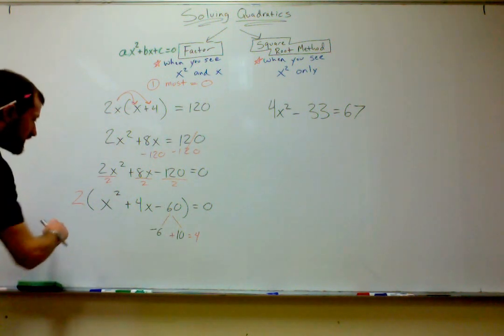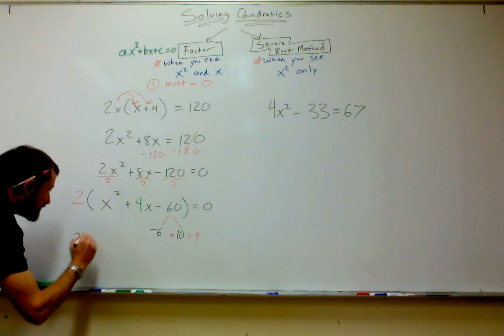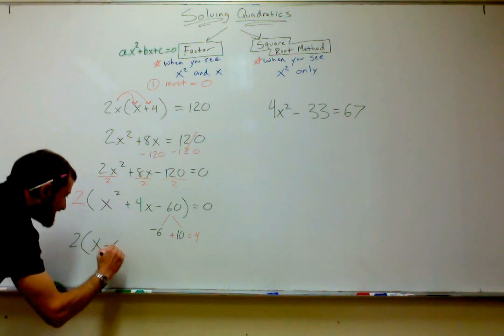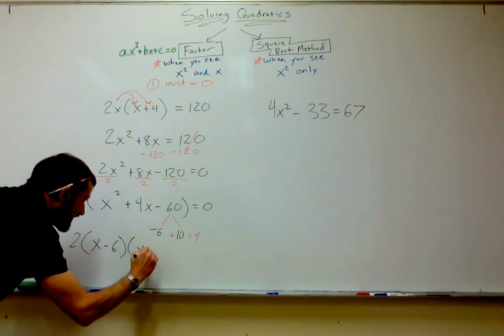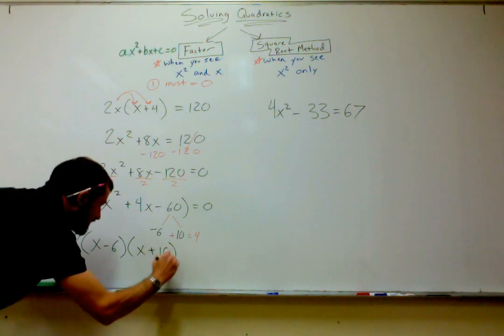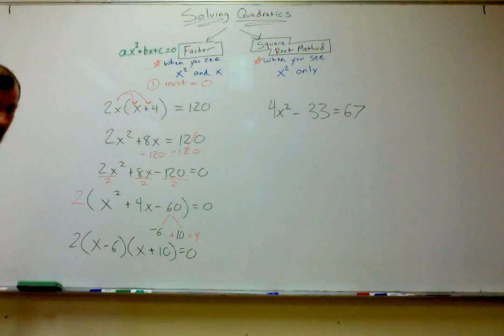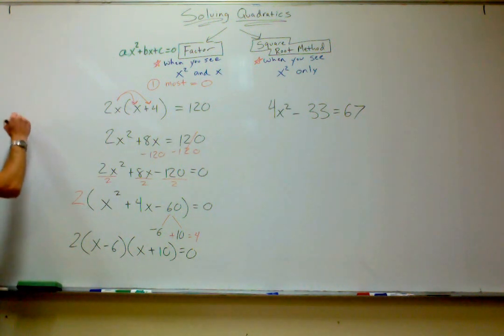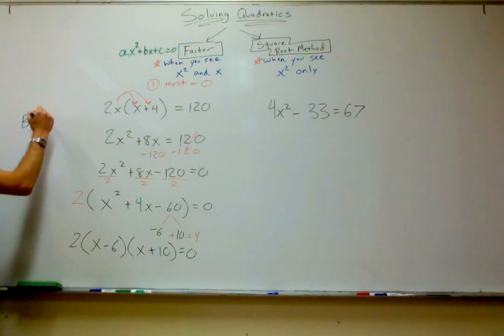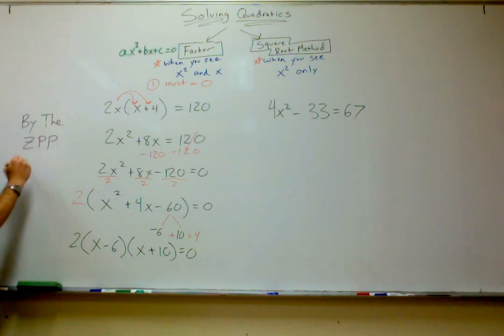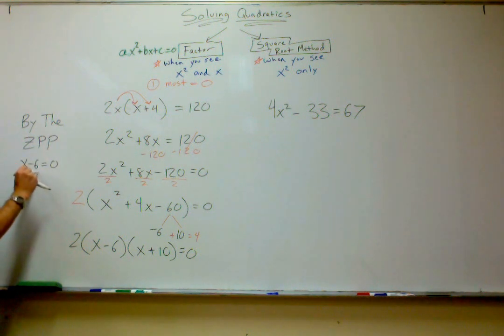So we know that this is going to equal 2 times x minus 6 times x plus 10 equals 0. So now we can use the zero product property. By the zero product property, we can say that x minus 6 equals 0, in which case adding 6 to both sides shows us that x equals 6.